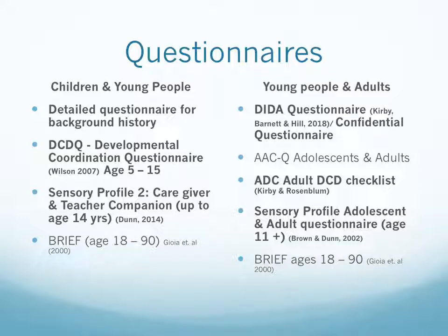So we tend to use the Sensory Profile 2, Caregiver and Teacher Perspectives, two separate booklets. That links in nicely to the Diagnostic Triangle, getting that other opinion. I've included at the bottom the BRIEF, which stands for the Brief Behavioural Screening Questionnaire, and Sarah uses that a lot, and she has provided a separate presentation or overview of that.